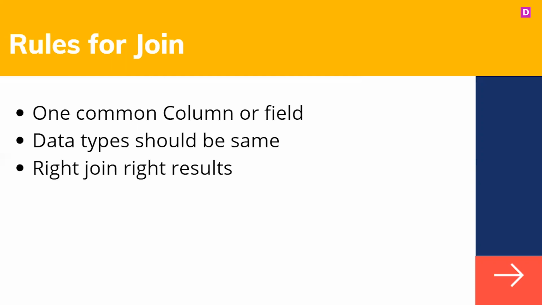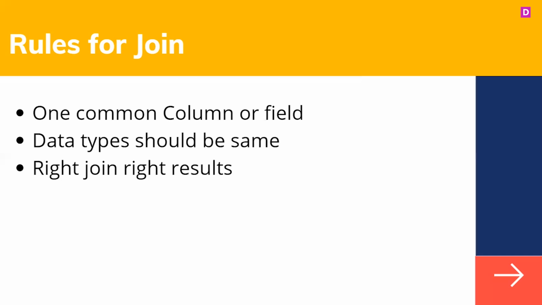For example, in your order also it is going to be a product ID, and here also it is going to be a product ID. In both cases it is going to be an integer. You just make sure that it is the same data type. If you try to create a join with different data types, most of the time the join might break.